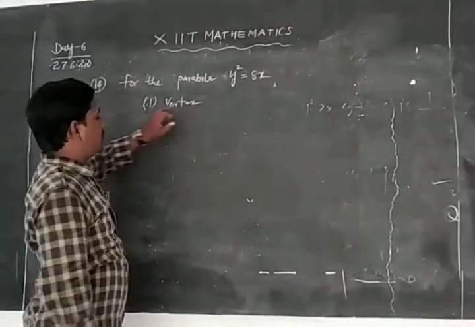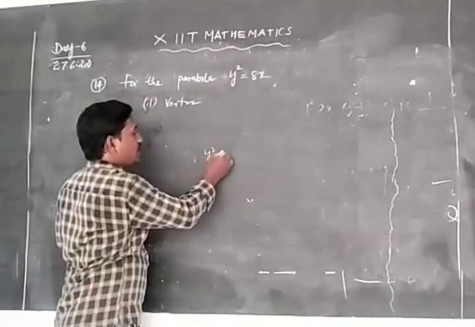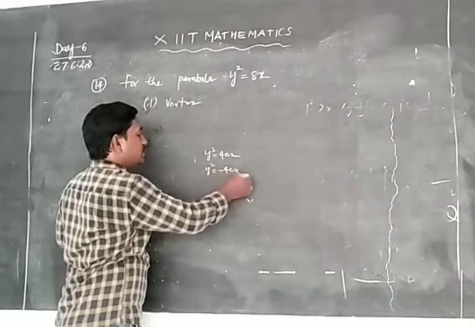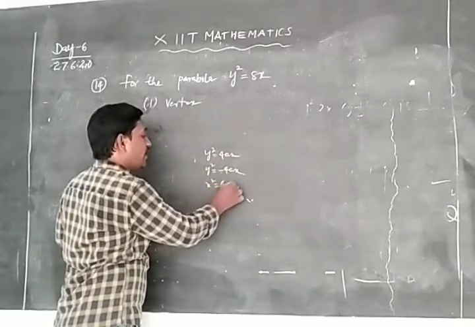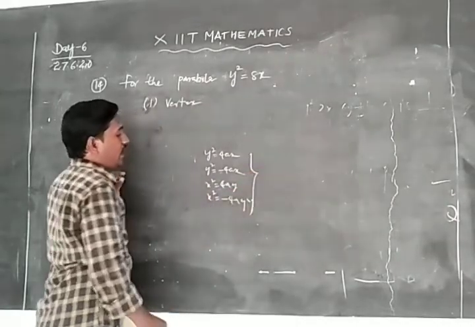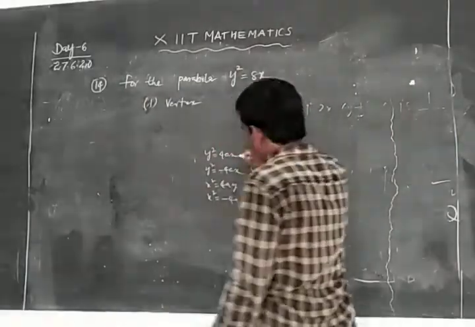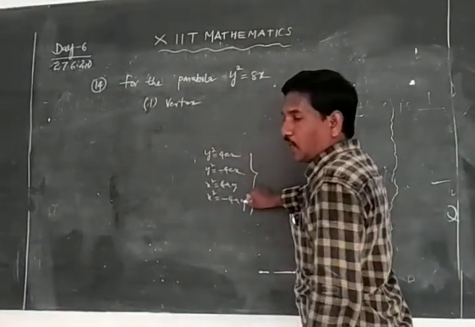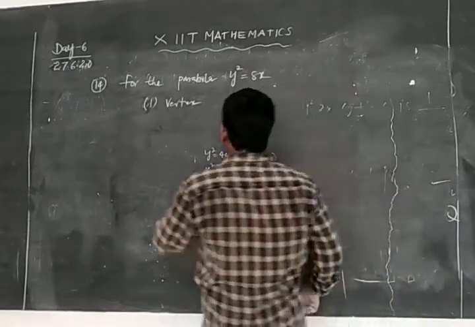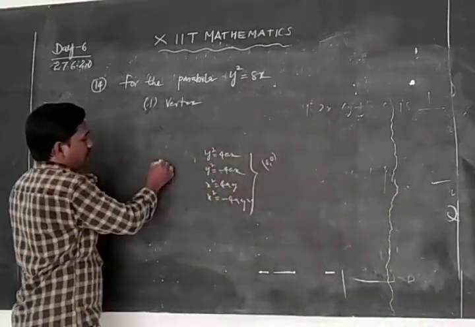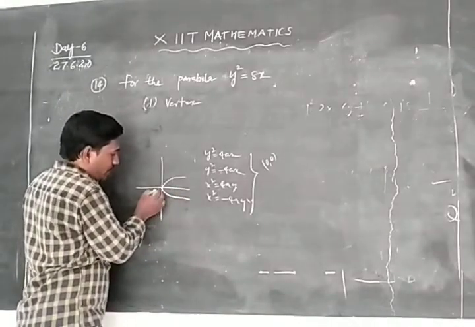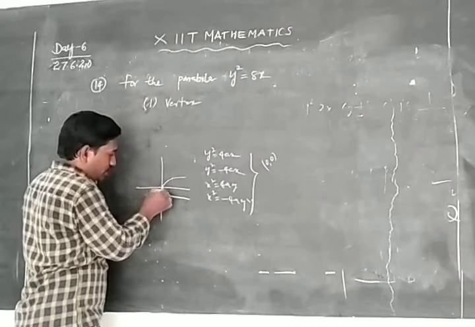Vertex of the parabolas y square equal to 4ax, y square equal to minus 4ax, x square is equal to 4ay, and x square is equal to minus 4ay. All these four parabolas have the vertex 0, 0. For example, take the first. This is the vertex 0, 0.